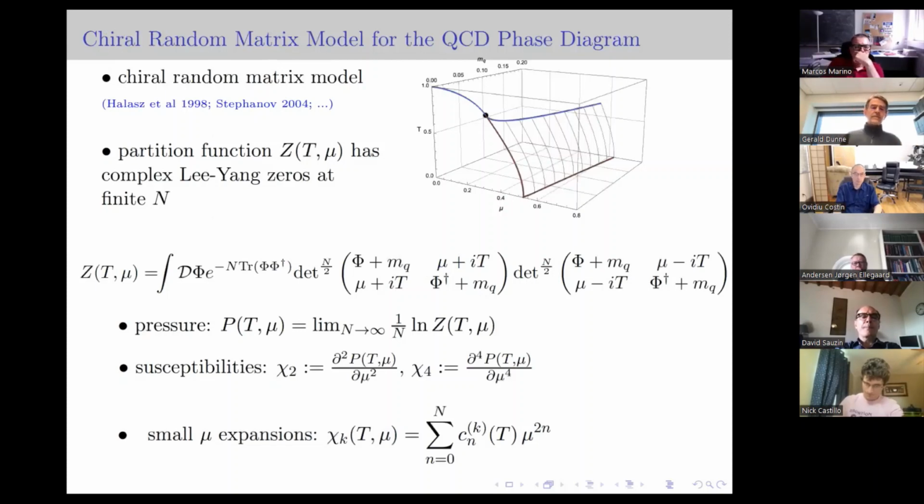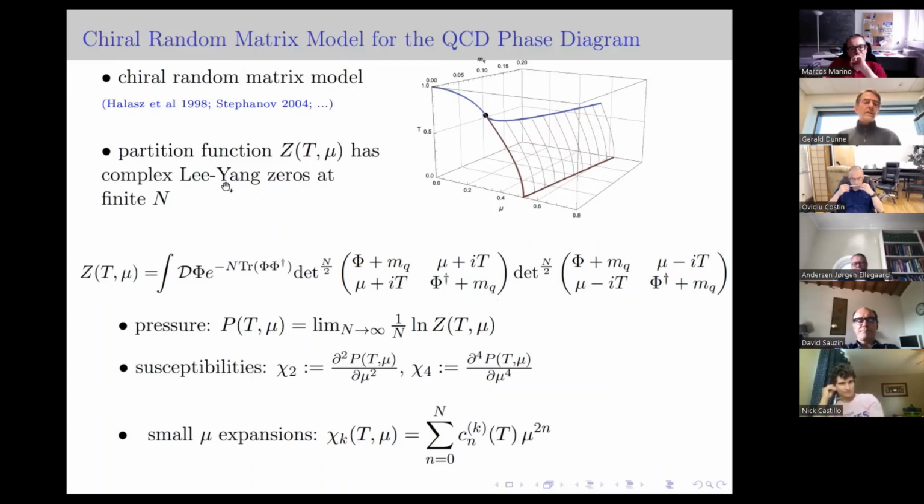So QCD, of course, is very hard, but there's a model that captures a lot of the physics of this, which is a chiral random matrix model due to Stephanov and collaborators from quite a long time ago. And this is characterized by something called a partition function, which is a matrix integral over n by n complex matrices with some structure here which involves the mass of the quarks, the chemical potential, and the temperature.